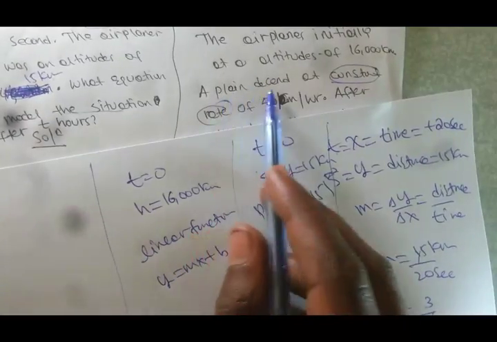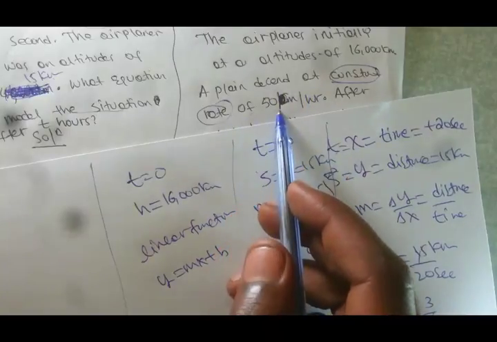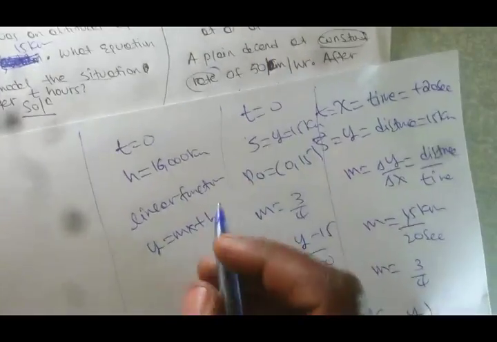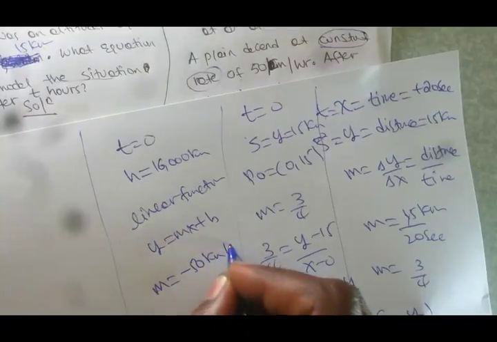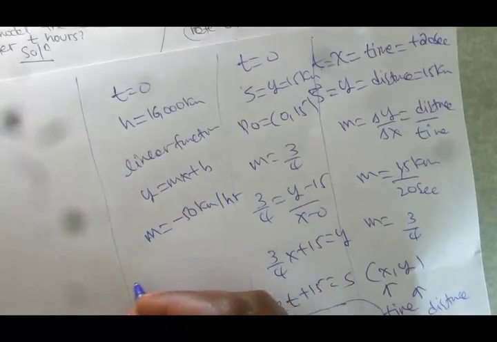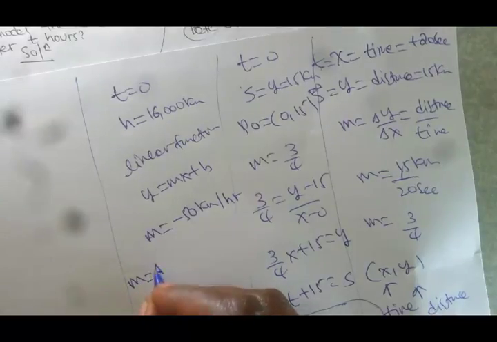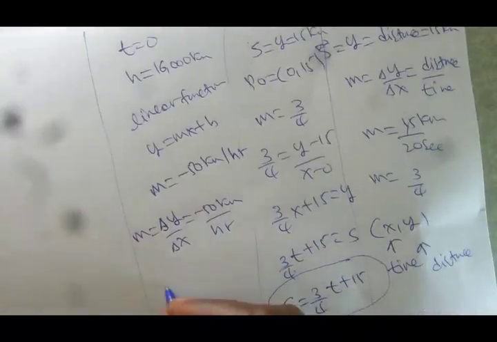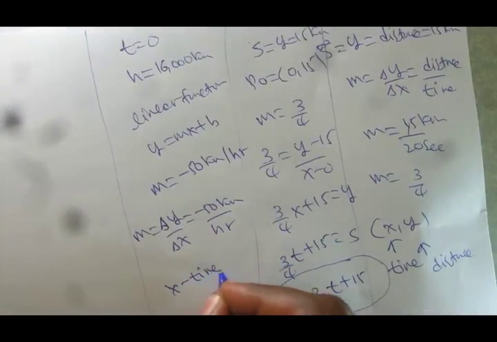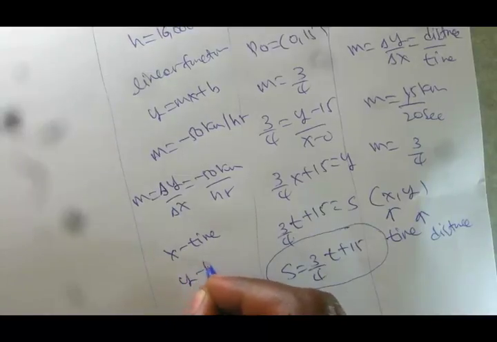And the plane descends at a constant rate of 15 km. Descent means a negative. So m is minus 15 km per hour. Therefore m is equal to change in y over change in x, equal to minus 15 km per hour. Therefore x represents time, y represents altitude.